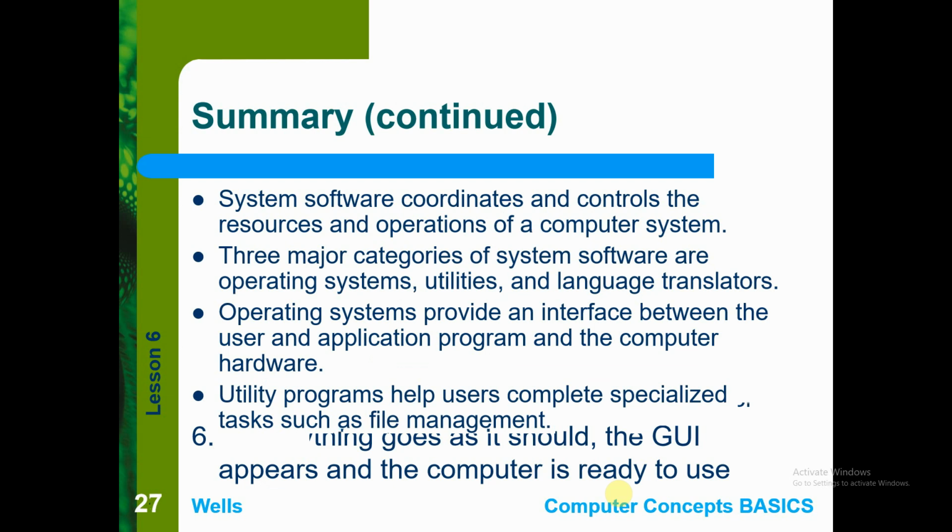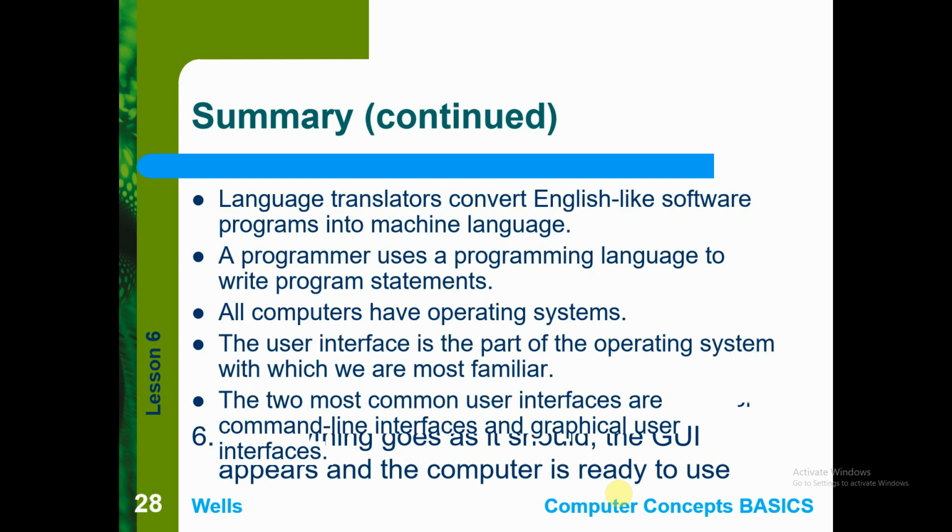The three categories inside the computer software are the operating systems, the utilities, and the language translators. The operating system provides the interface between the user and application programs and the computer hardware. We use utility programs to complete specialized tasks such as file management.